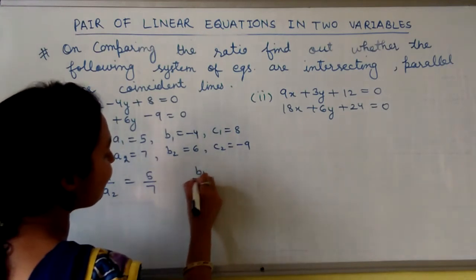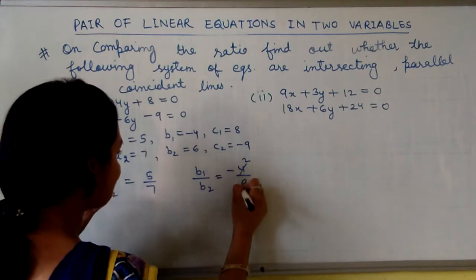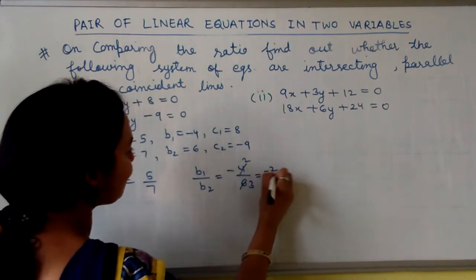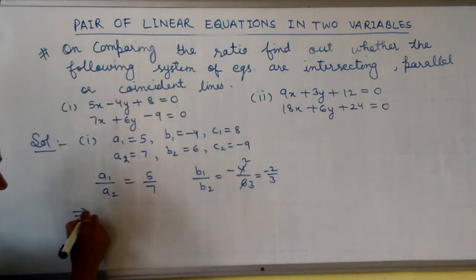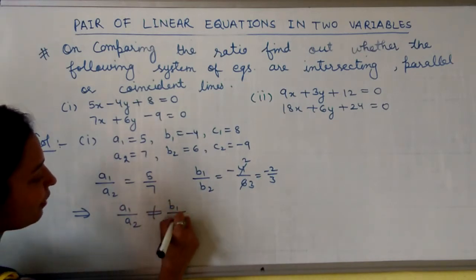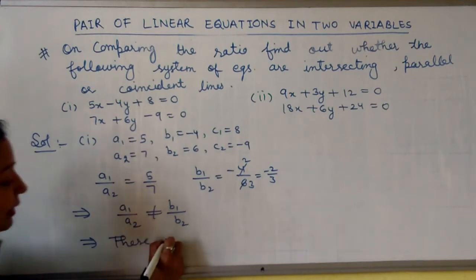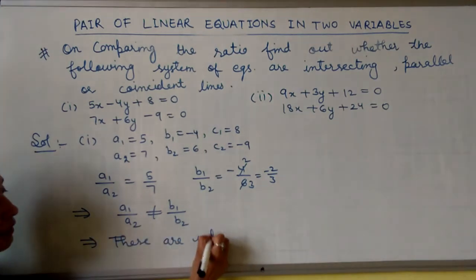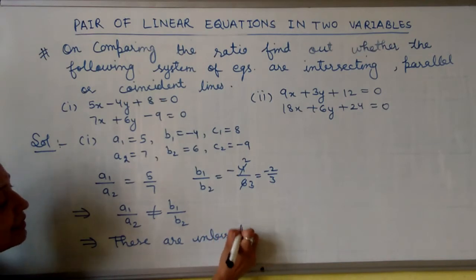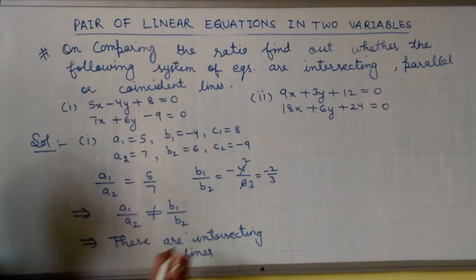Now I will check B1 upon B2, that is minus 4 by 6. After cancellation, 2 by 3. That means A1 upon A2 not equals to B1 upon B2. So these are intersecting lines.